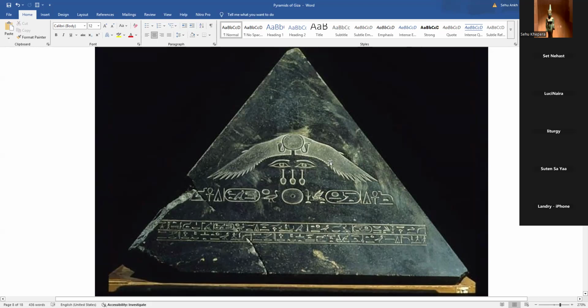He vanquished him, and he vanquished all of the emissaries of Set.